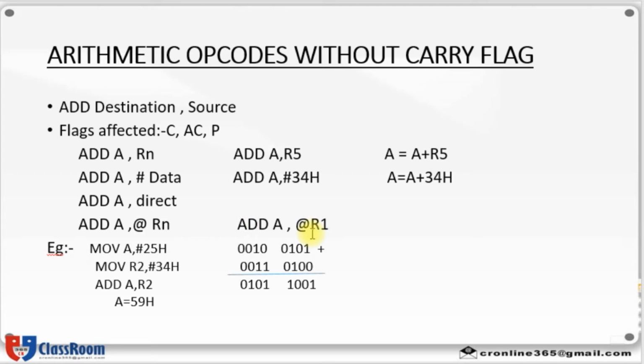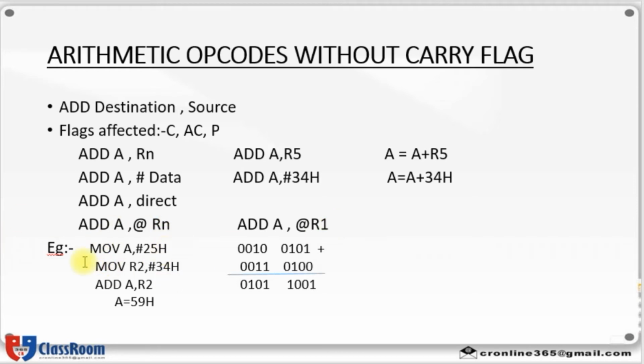Here I have denoted it as @R1. Add A, @R1. @R1 means R1 is pointing some address. That address contains data. That data is added with the accumulator and you can save the result in accumulator.